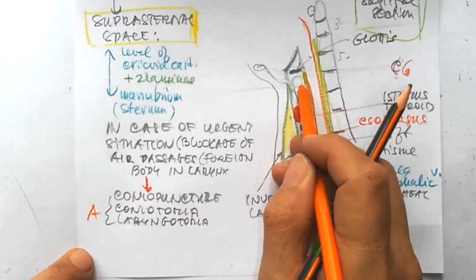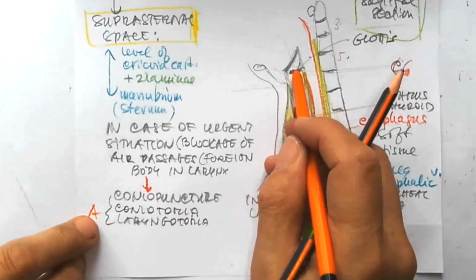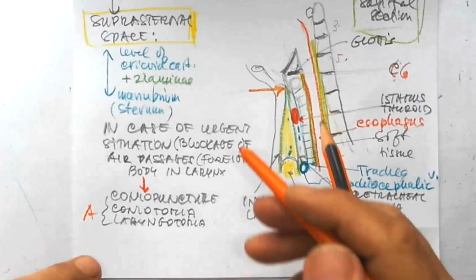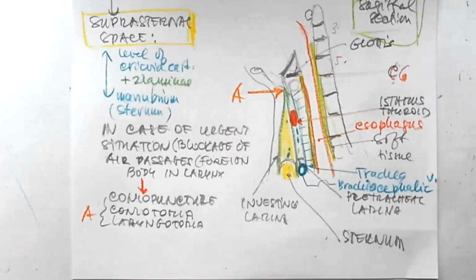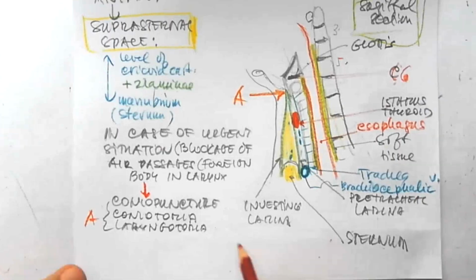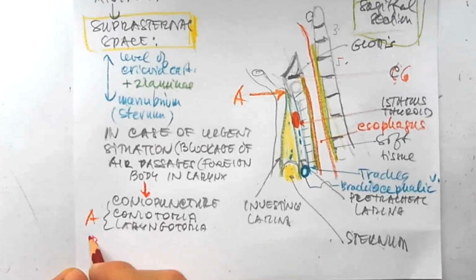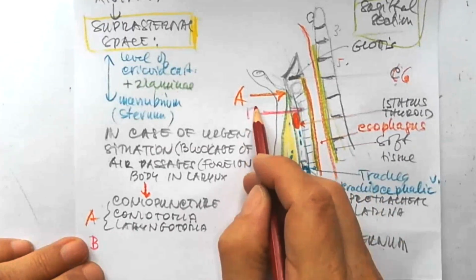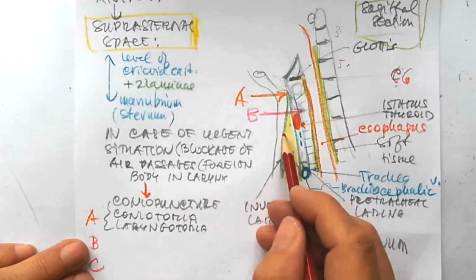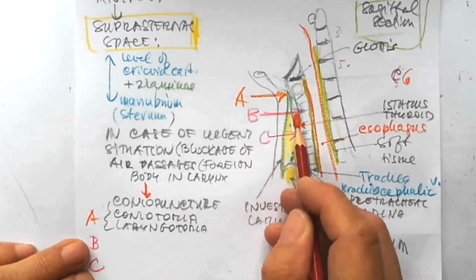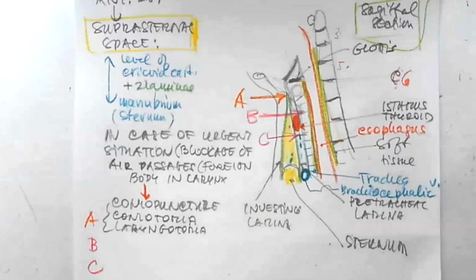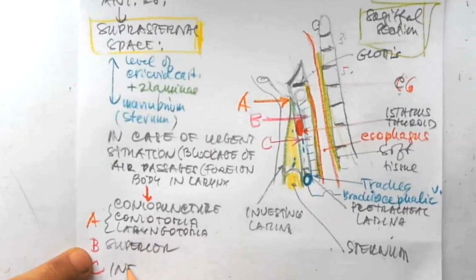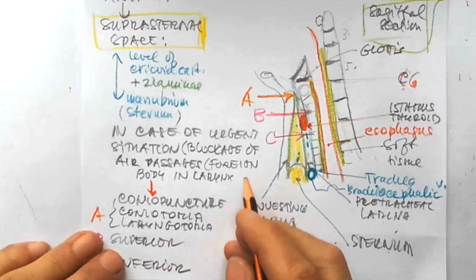That means below the glottis. This is coniotomia A, or using a different color, B dark red, passing above this is B, or also C below the isthmus. So we call it superior or inferior tracheotomia.